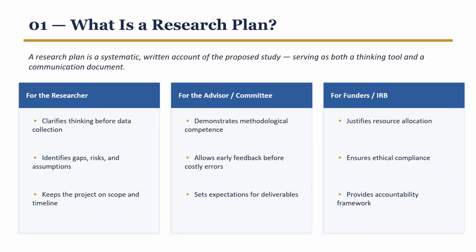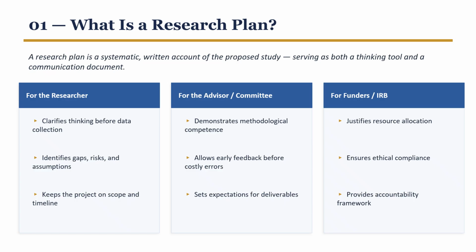And then for the IRB, the Institutional Review Board, which we are going to talk about, they set the parameters for ethical compliance when it comes to working with human subjects. There are some very specific things that you're going to learn about.